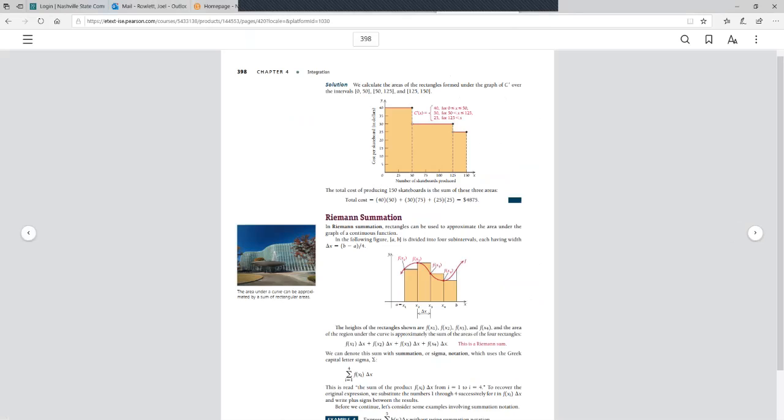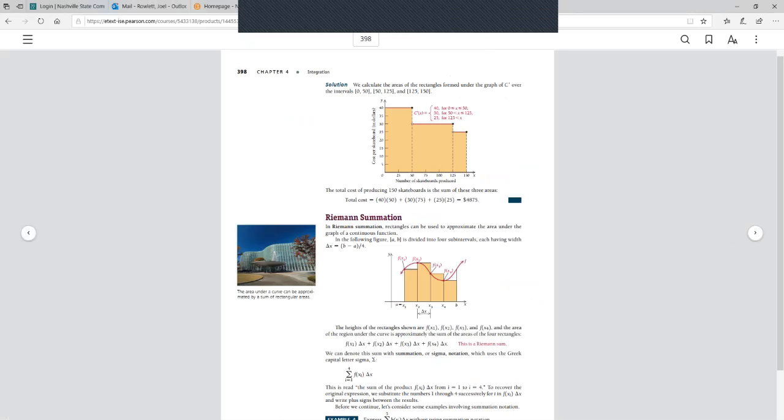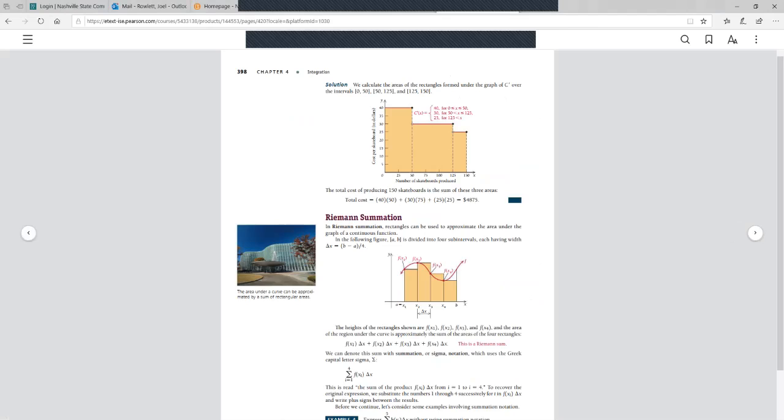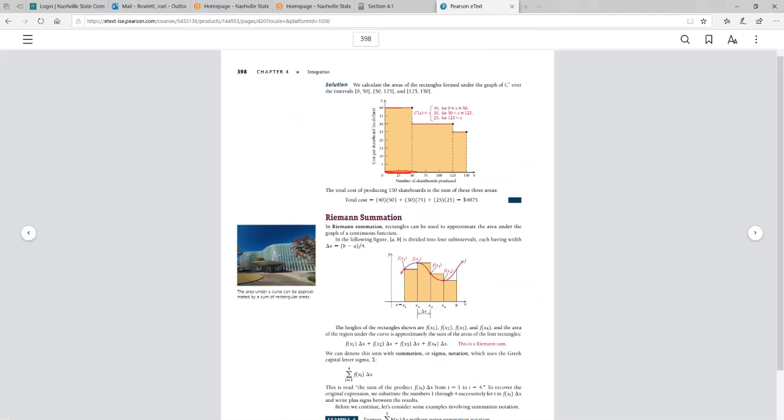Notice that we have a step function here because we have 3 different costs. We know that for the first 50, we pay $40. And then if we go between 50 and 125, the cost drops down to $30.